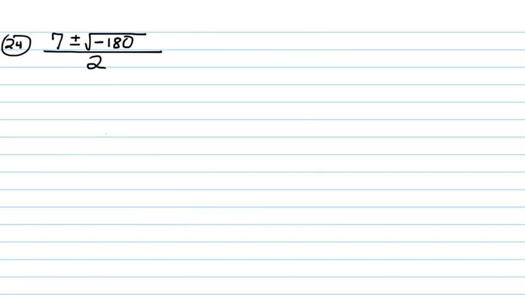Okay, this last one, we have a negative that's going to come out as an i. I need to simplify out the 180. I can't take the square root of it, so divide it by 2 gives me 90. Divide it by 2 gives me 45. Divide that by 3 gives me 15. Divide that by 3 gives me 5.